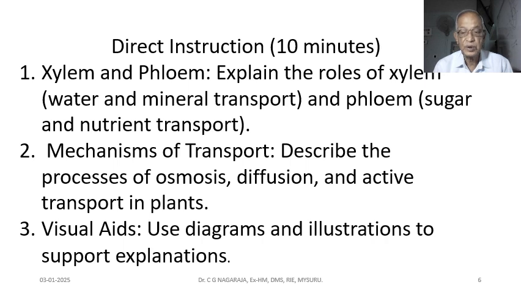Visual aids include especially diagrams and illustrations to support explanations. Illustration means the real situation. You can show the plant and then ask them many questions. So this lesson involves using diagrams, very simple questions, and then discussions. It may be in groups or individuals.